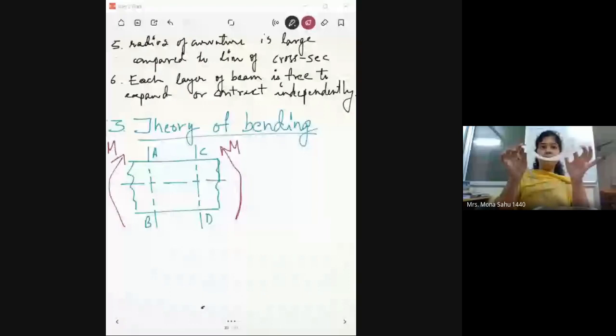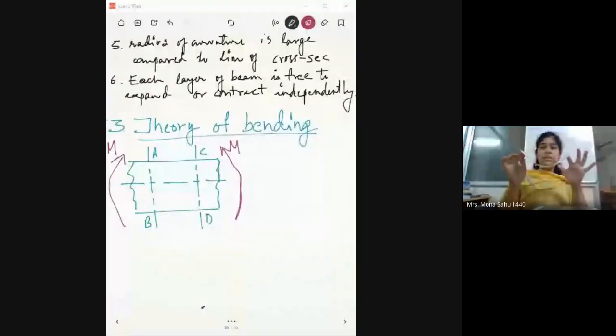If you see this, it's bending downwards. That's exactly what will happen. I've not drawn the full beam, only a section of the beam.